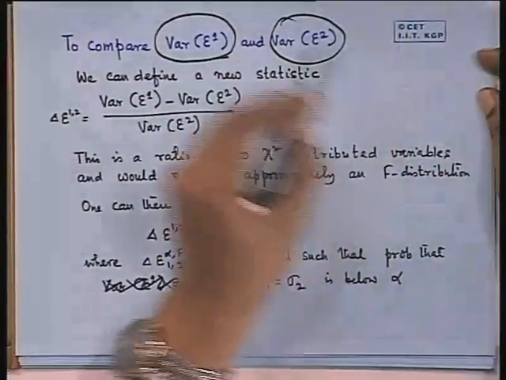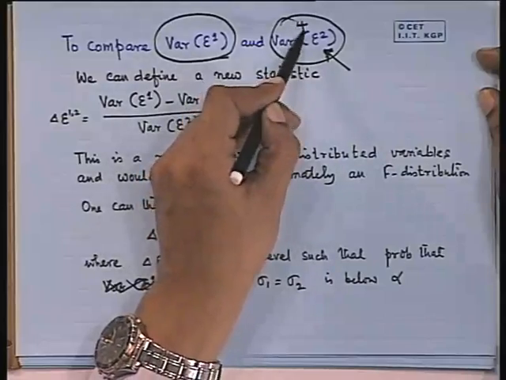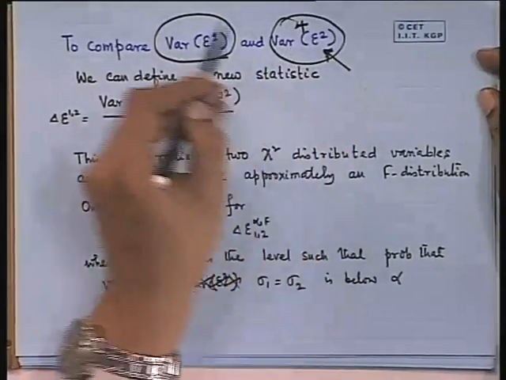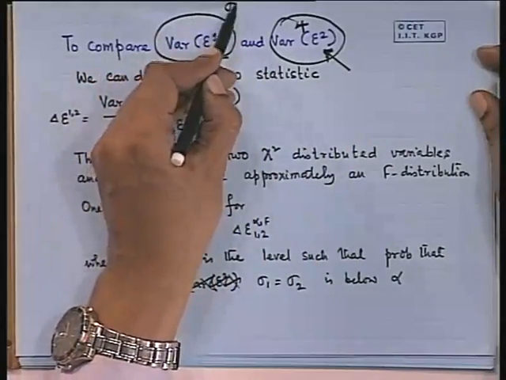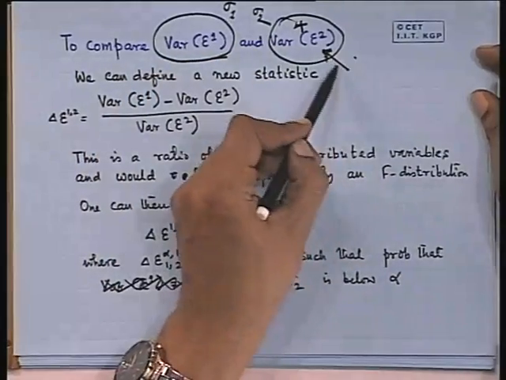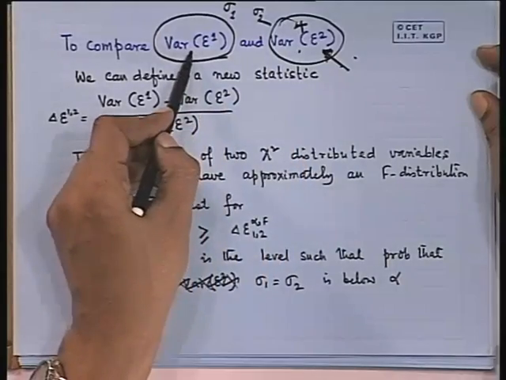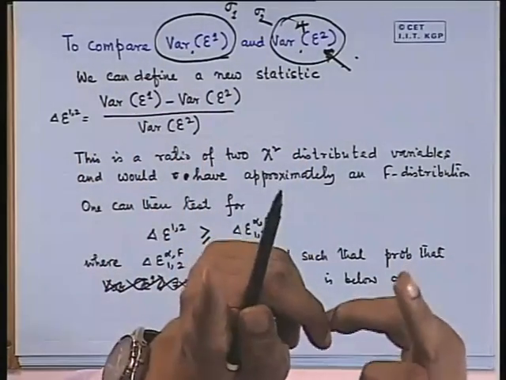We have got two distributions. Actually, I should not have written this; this is strictly speaking wrong. I should have written whether I can compare sigma 1 and sigma 2. This is a random variable, it has a standard deviation, and this is a random variable, it has a standard deviation. That standard deviation is unknown.